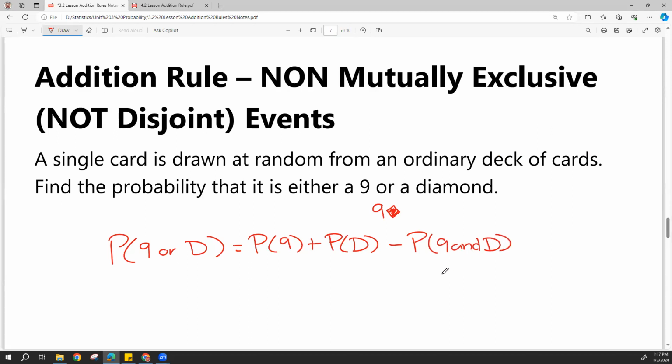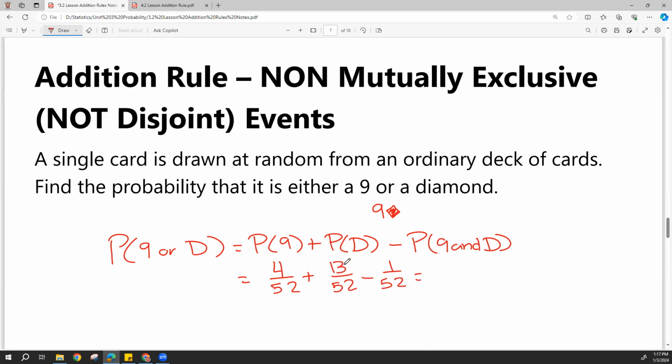So it's only being counted once. So we have 4 9s out of 52 cards, and we have 13 diamonds out of 52 cards. And one of those things is a 9 of diamonds. That's the overlap that we've counted twice. So we're going to subtract that 1 out.